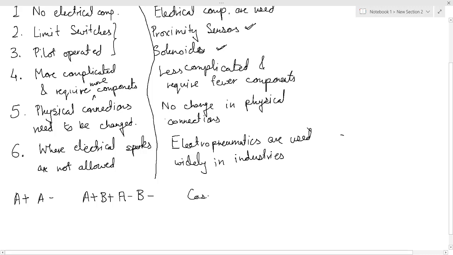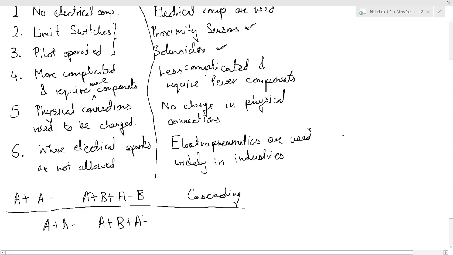Then we learned cascading circuit, and this completed our entire pure pneumatic part. Just like we did for pure pneumatic circuits, similarly we will do for electro-pneumatic circuits. First we will study the A plus A minus motion using electro-pneumatic circuit. Then we will see how to use this to create more complicated motions like A plus B plus A minus B minus. There is also something known as cascading in electro-pneumatics. We will see how to make that circuit also.